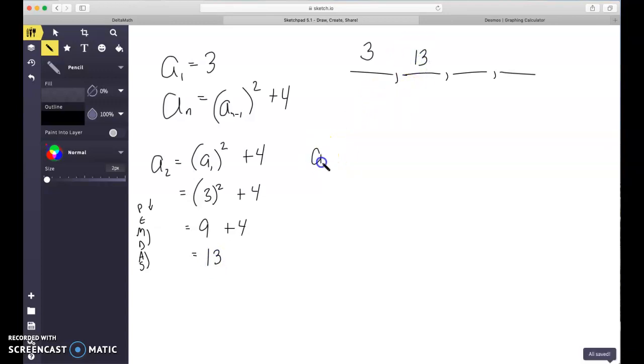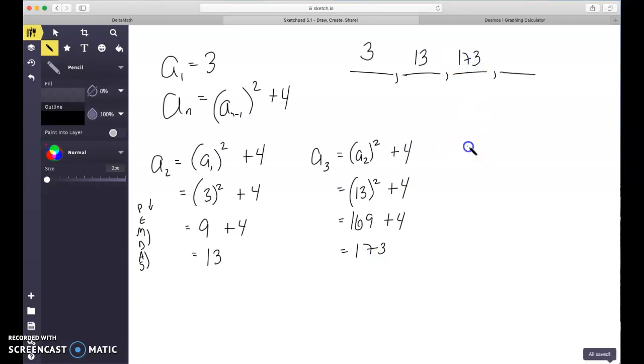Okay, to find my third term, I'm going to take my second term squared and add 4. Right, so my second term is 13 squared plus 4. Let's see here, 13 squared is 169 plus 4 gives me 173.